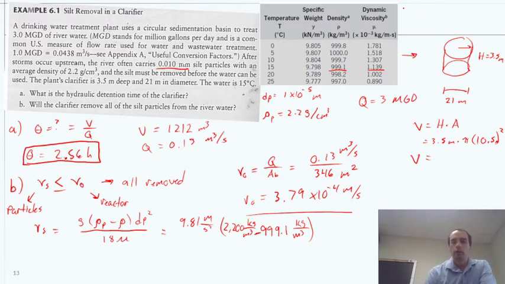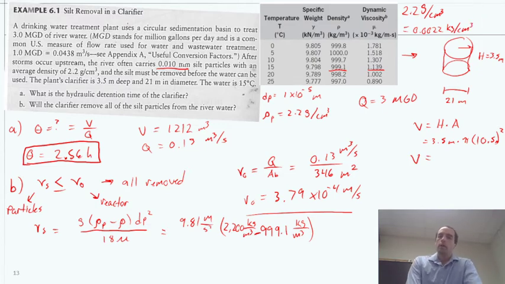To do that conversion, we could do 2.2 grams per centimeter cubed. If we do the grams conversion first, that goes to 0.0022 kilograms per centimeter cubed. Then we need to cube the conversion from centimeters to meters, so we're going to end up multiplying the top by 100 cubed, which brings us back to that 2,200.